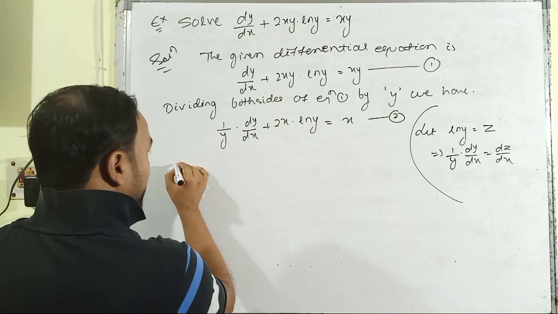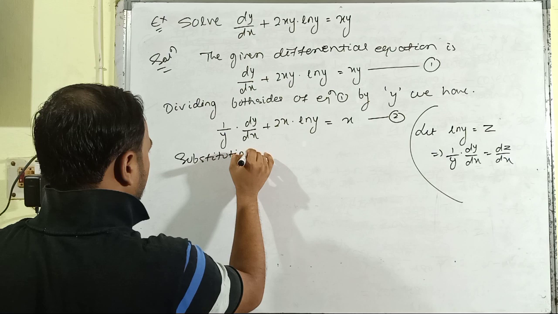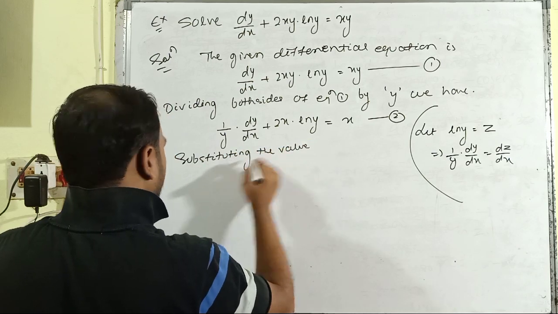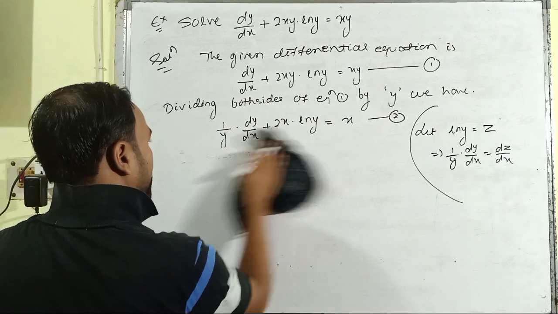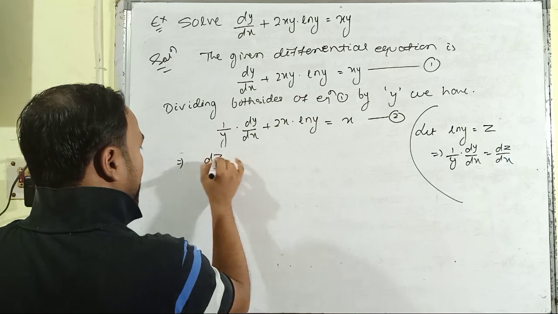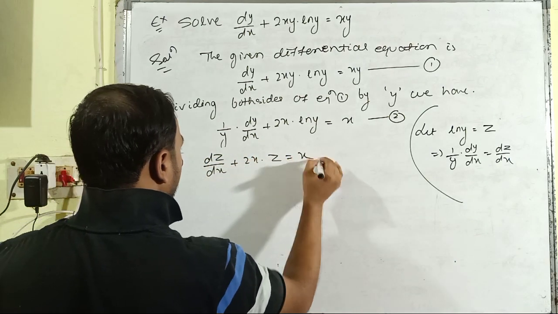After the substitution, now it becomes dz/dx plus 2x multiplied with z is equal to x.